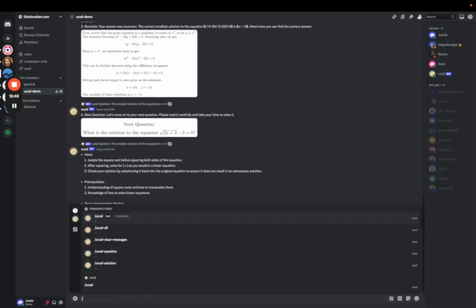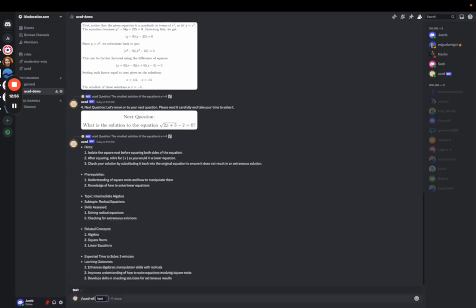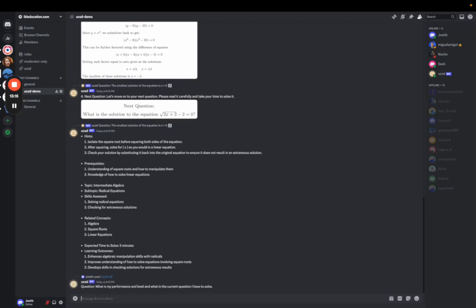Now, at any point in time, I can still ask. So this one, I'm going to use the coordinating mentor, not one of the smaller ones, and ask it something like, what is my performance and level, and what is the current question I have to solve. Now this question sort of spans across two smaller units.